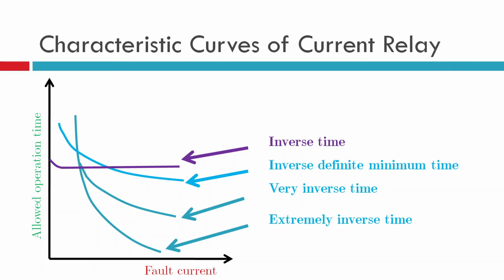Here we can see in inverse time characteristics, the saturation is achieved at a minimum value of the time, whereas in the second characteristics, inverse definite minimum time, the saturation level is achieved after longer time as compared to the inverse time. And as we move towards very inverse and then extremely inverse, you can see the differences of saturation level in a magnetic circuit.